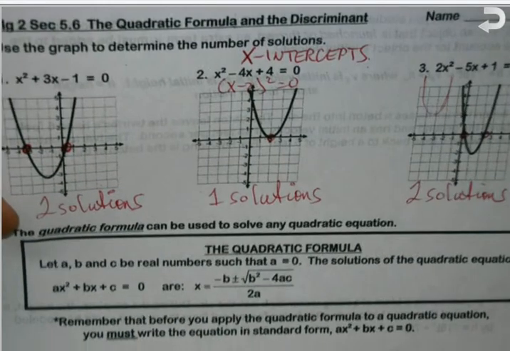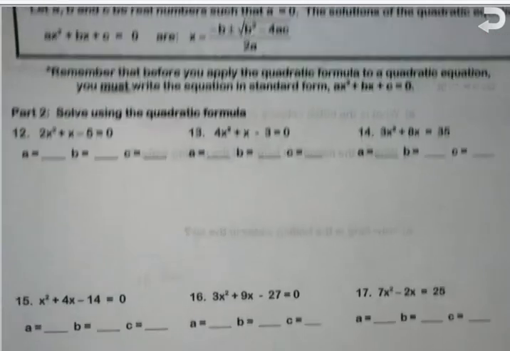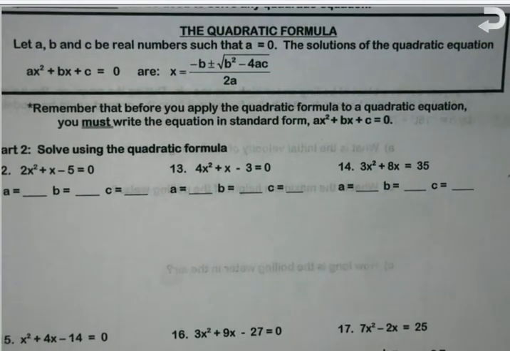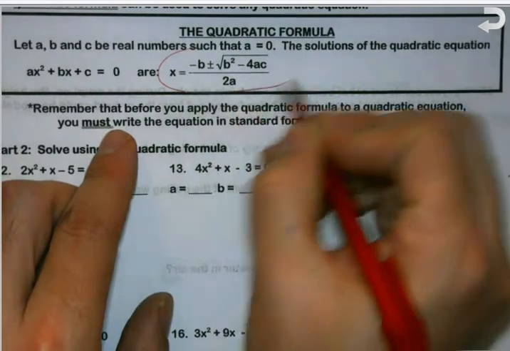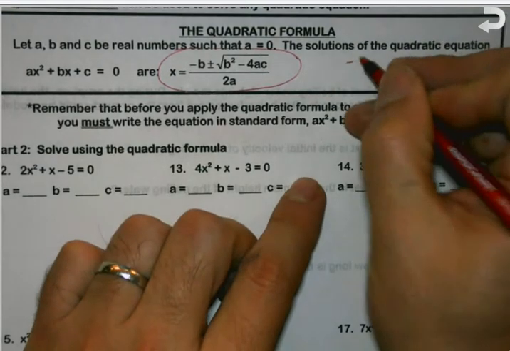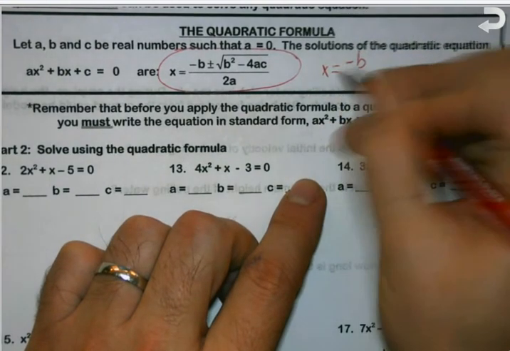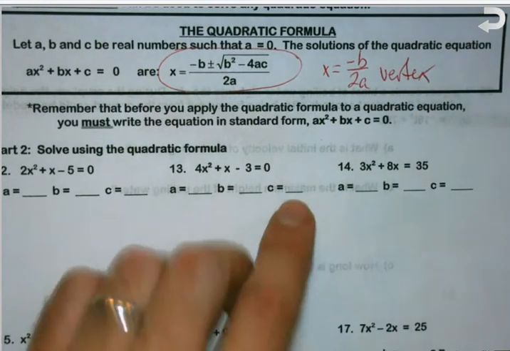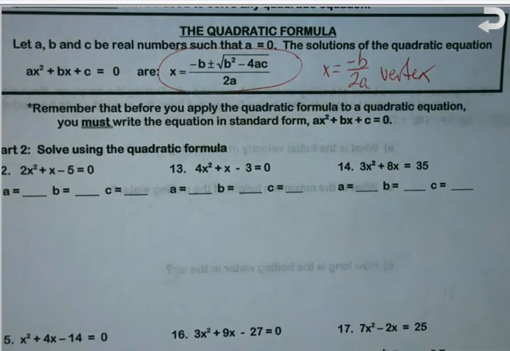So the quadratic formula, try to keep this on the screen here. This big ugly looking thing combines 2 things. You should recognize the part that's not underneath the radical. If we remember back to the old x equals negative b over 2a, that's how we used to find, or still could find, the vertex of our parabola.